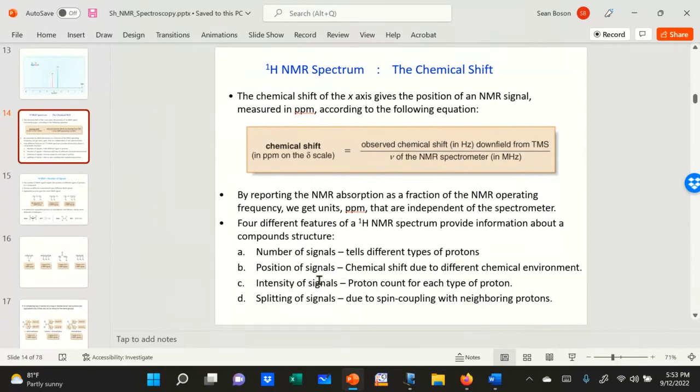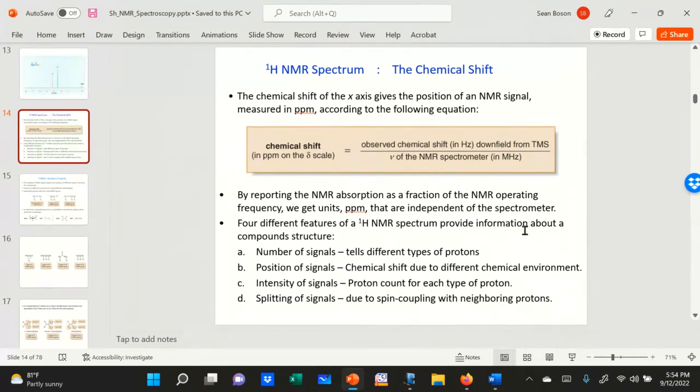And the third thing is intensity of signal, also called integration, that gives you a proton count of each type, followed by splitting of signal, which is due to spin coupling, that tells us about the neighboring carbon's environment, the neighboring protons' environment.